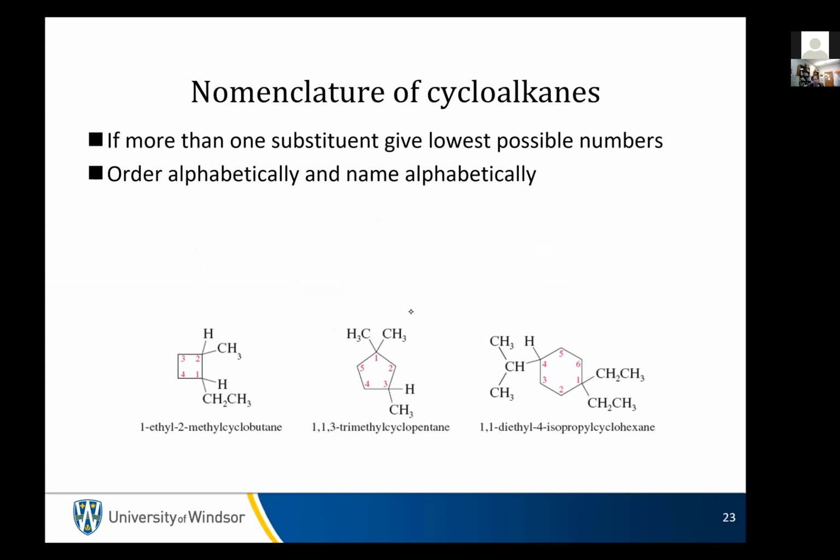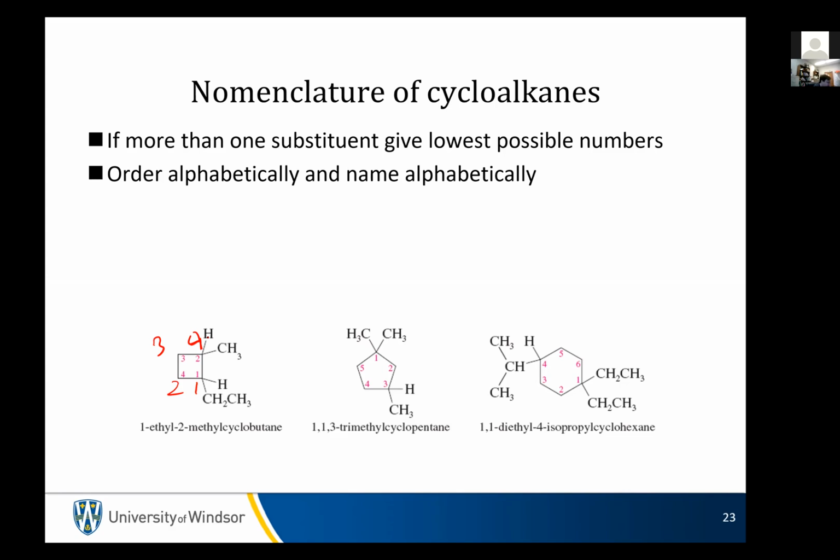So there's an ethyl, there's a methyl. The ethyl is the priority group. They're both equally important, they're both alkyl chains. Ethyl is higher alphabetically, and so you're going to try and privilege that with the 1. And you're going to go 1, 2 instead of 1, 2. Because if you did 1, 2, 3, 4, then your methyl group would be named number 4, and that wouldn't be very good.